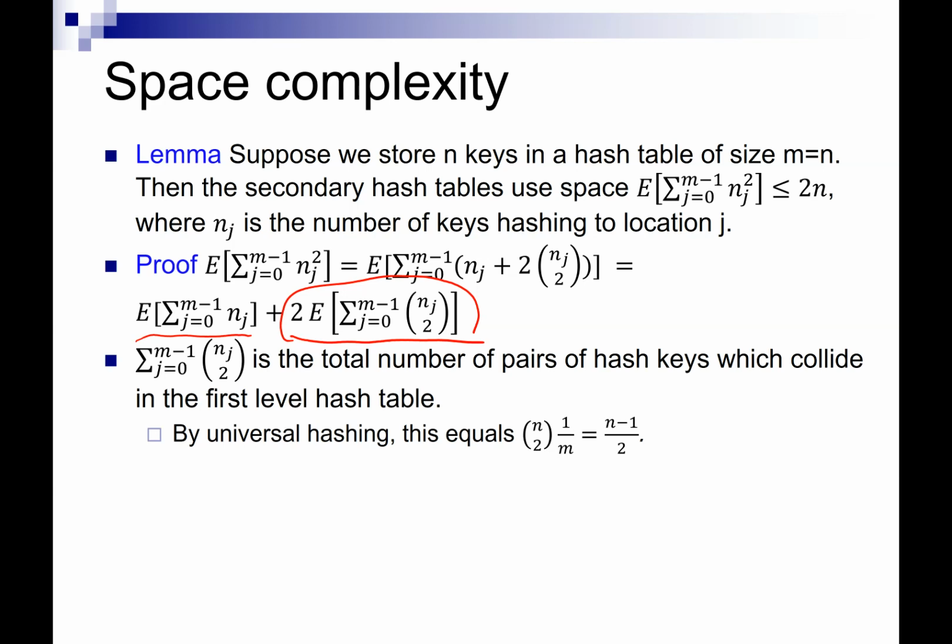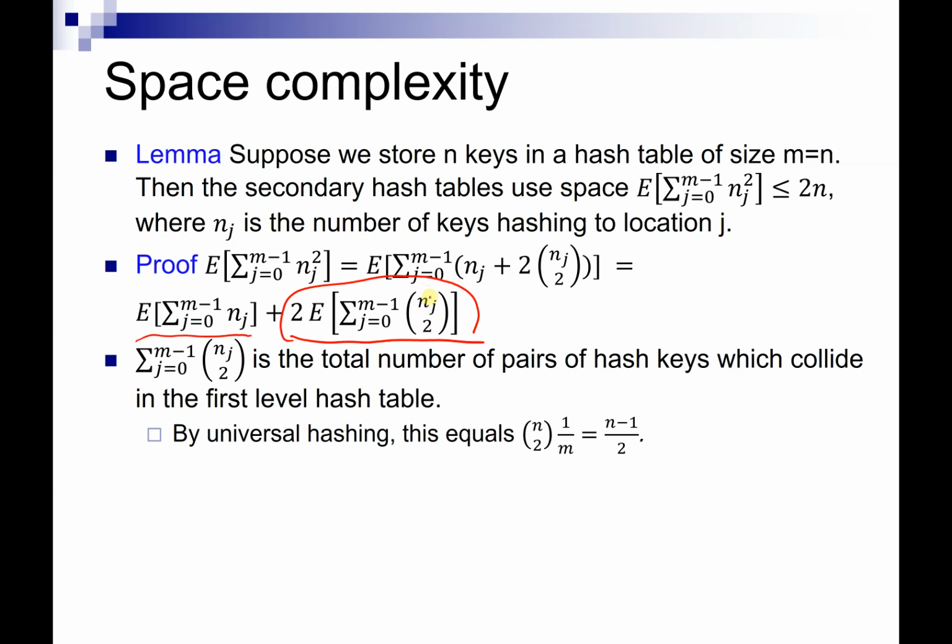Now this sum, we claim, is actually equal to the total number of pairs of hash keys which collide in the first level hash table. Because we have nj keys that go into location j in the first layer hash table, and all of these nj keys collide with each other.